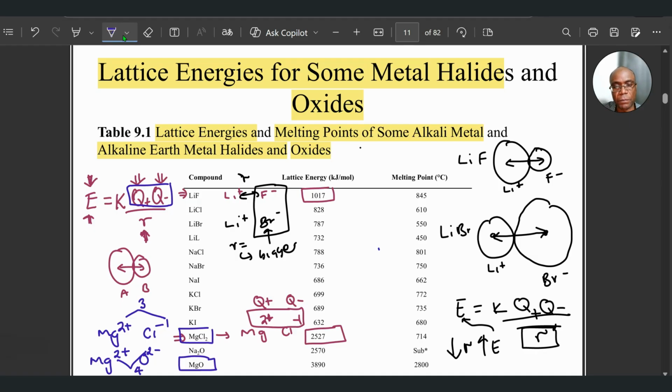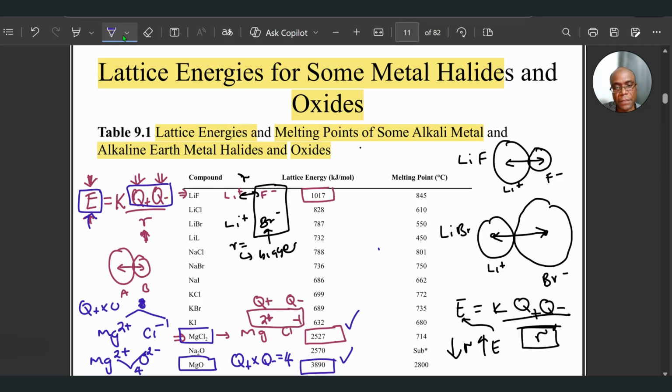Now, if Q plus times Q minus is higher, you expect the lattice energy to be higher, which is why you see magnesium oxide has a higher lattice energy than magnesium chloride, because the overall Q plus times Q minus gives you a 4. It's higher. Now, if you are to do multiplication here, forget about the 3.